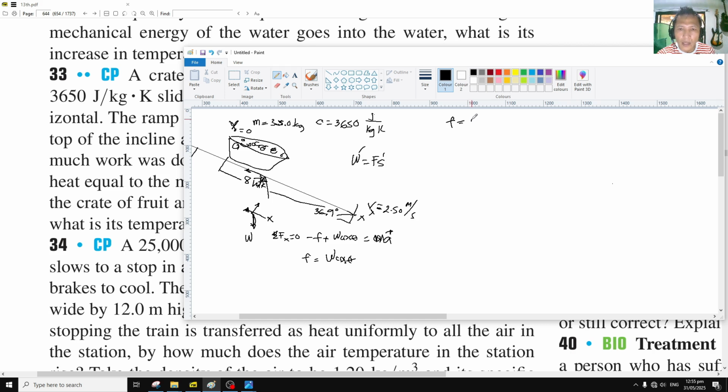W cosine theta. Now, for the cosine theta, W is here, and this angle is the opposite of the angle here, which is the 36.9.